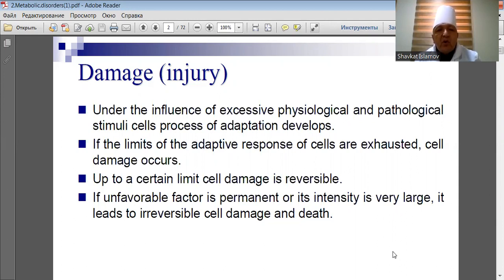If the limits of the adaptive response of cells are exhausted, cell damage occurs. Up to a certain limit, cell damage is reversible. If the unfavorable factor is permanent or its intensity is very large, it leads to irreversible cell damage and death.